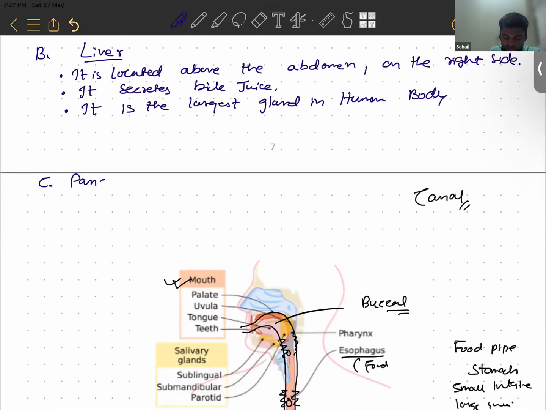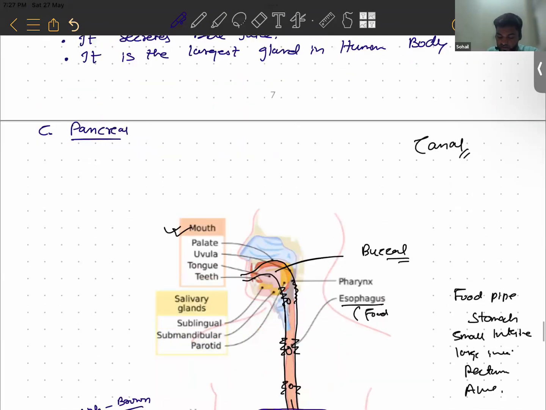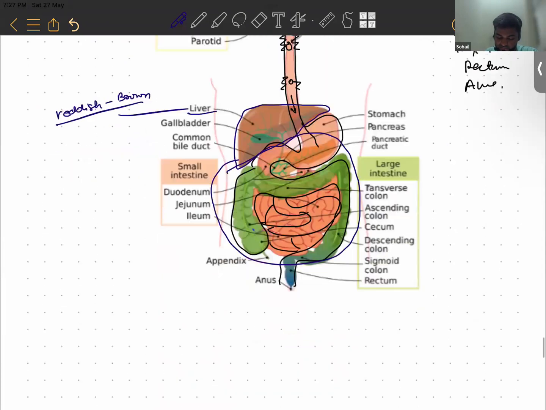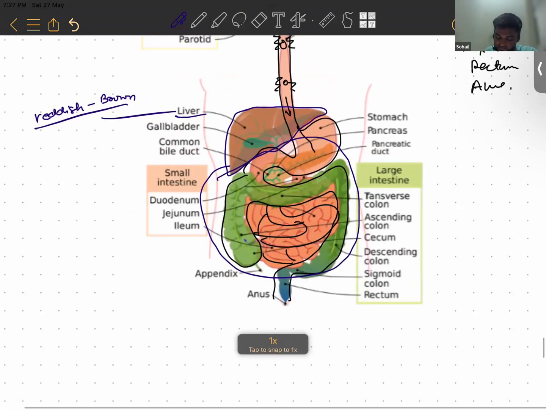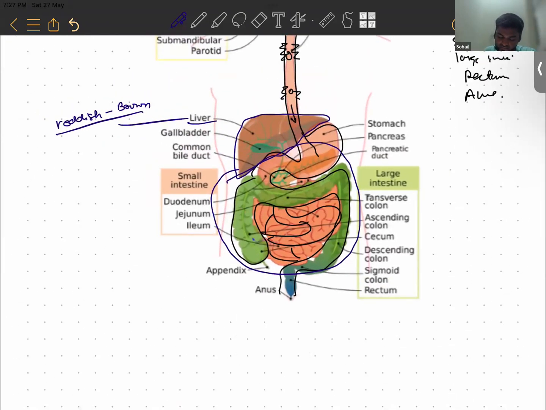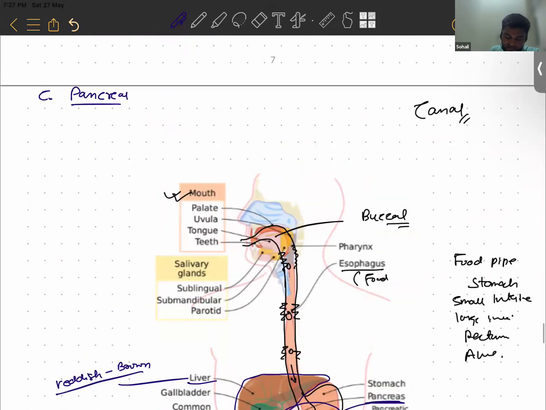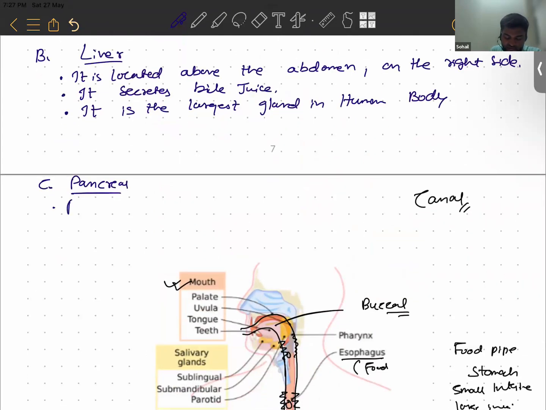See where the pancreas is located. See the diagram here. It is behind the stomach. This here is the pancreas, and it secretes pancreatic juices.